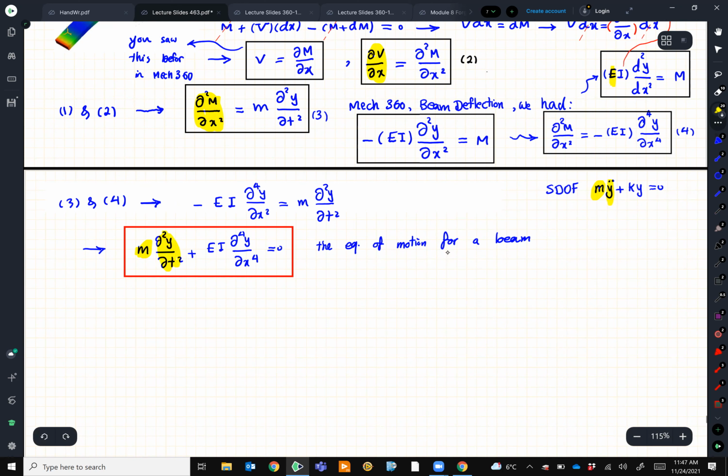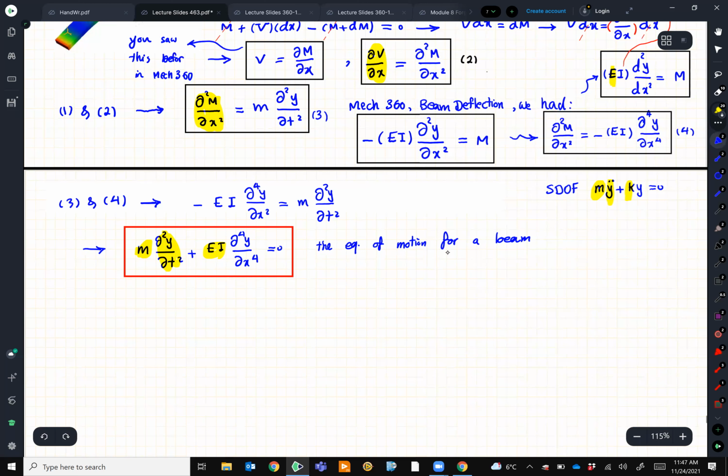It doesn't just depend on time, it depends on where I am on the beam. Then I have a stiffness. The stiffness for a beam is EI, which in MEC 360 you saw we call the bending strength. It acts similar to a spring, so it is in fact a stiffness.